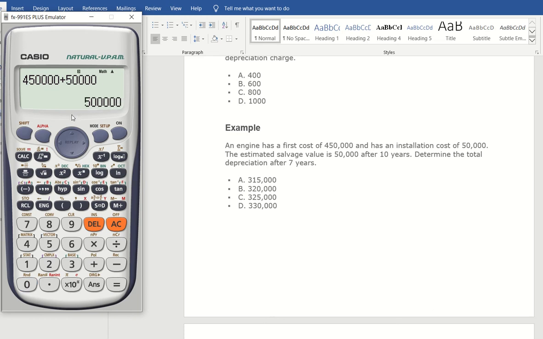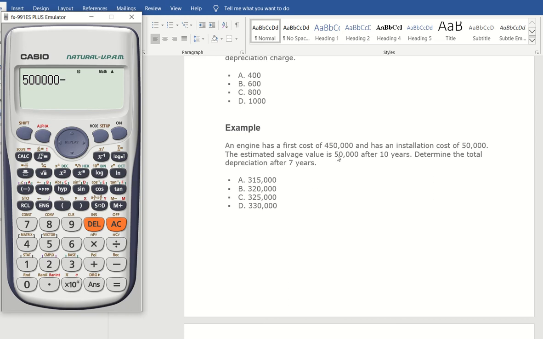So we have 500,000. Now again, we need to store it in our A, and then in our B value. So that's gonna be the first cost, including the installation cost, of 450,000 plus 50,000. That's gonna be 500,000.